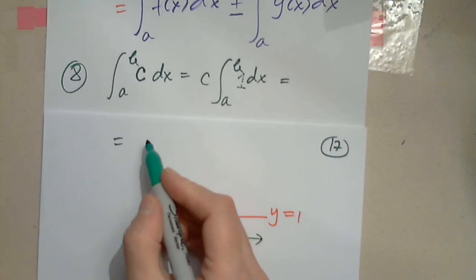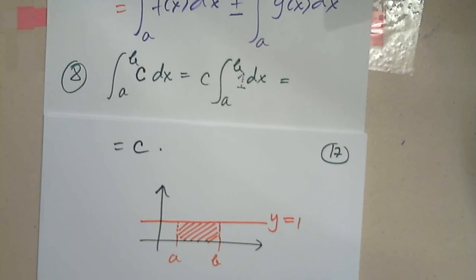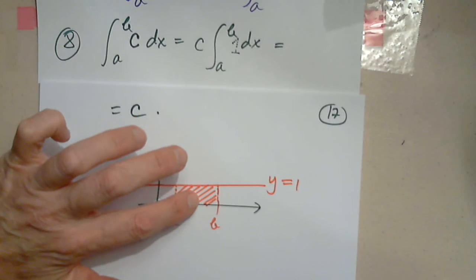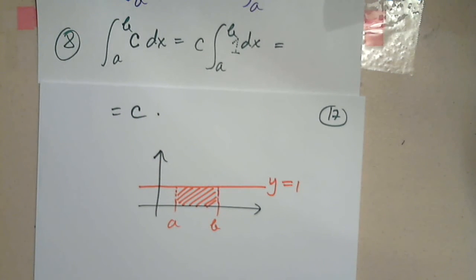So I copy the C, and then what do I copy? Can anyone give us this area? Base times height.